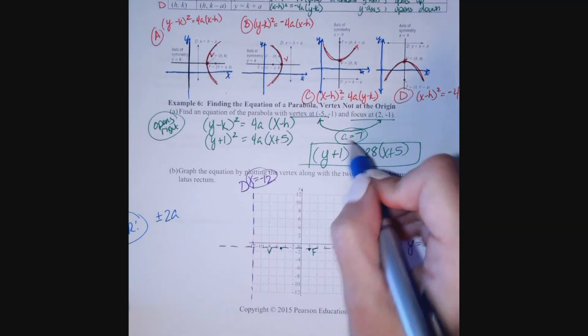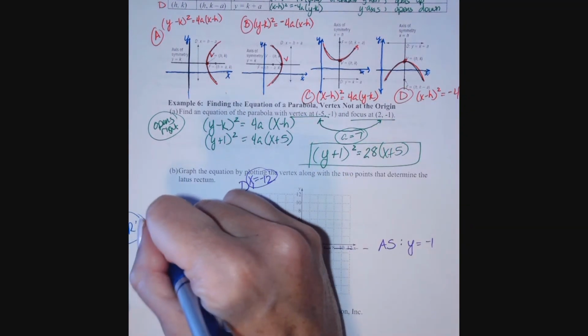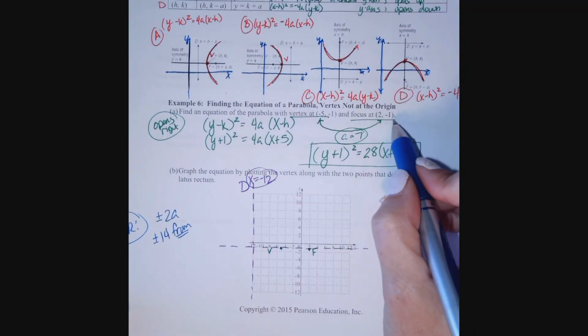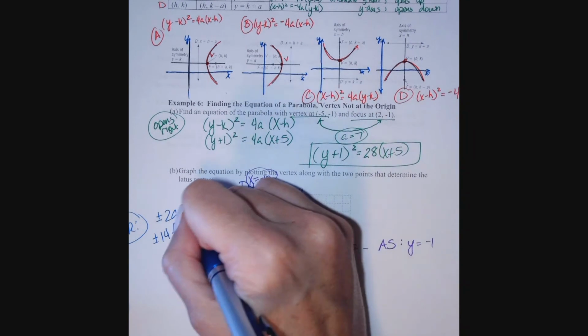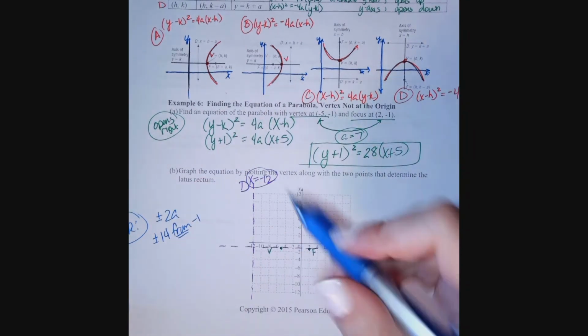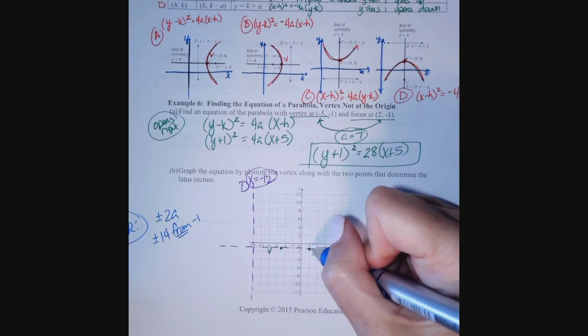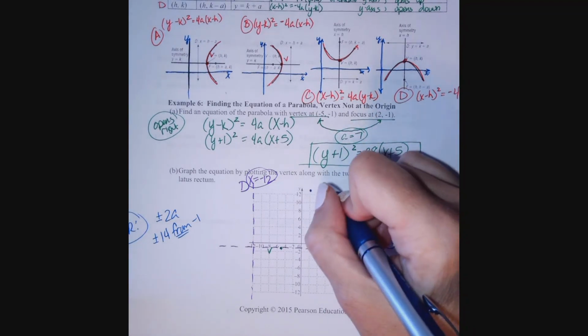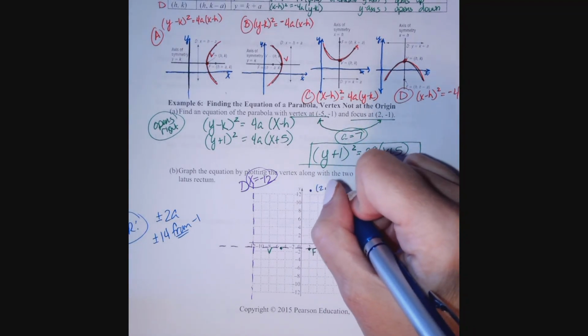We said a is 7, so plus or minus 14 from negative 1. If I go up 14 from negative 1, I go up to 13. So that is at 2, 13.